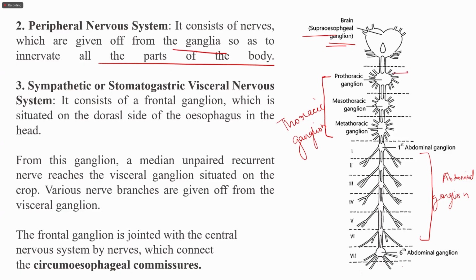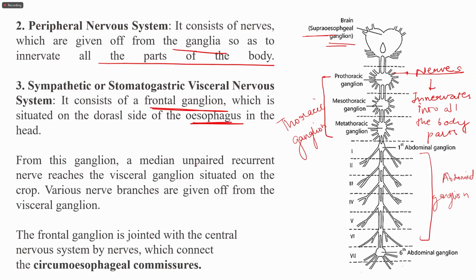You can see that these ganglia give rise to the nerves which innervate all the body parts. The sympathetic or stomatogastric visceral nervous system consists of a frontal ganglion which is situated on the dorsal side of the esophagus in the head.